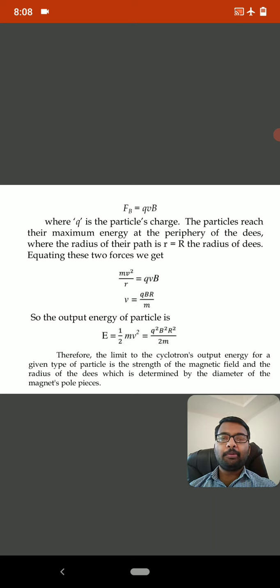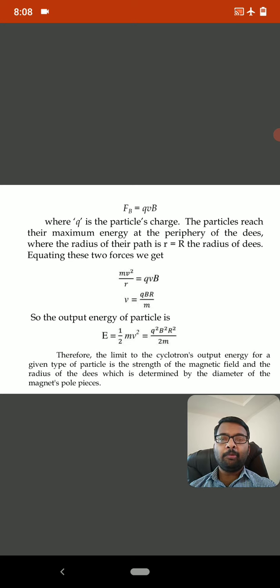So the output energy of the particle which can be extracted from the cyclotron accelerator is energy equal to half mv square. We can substitute v here, so that the energy equation becomes q square B square r square divided by 2m. Substituting v equal to qBr divided by m, the square of that quantity is q square B square r square divided by m square.